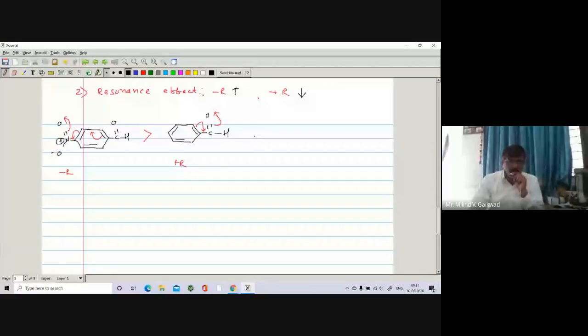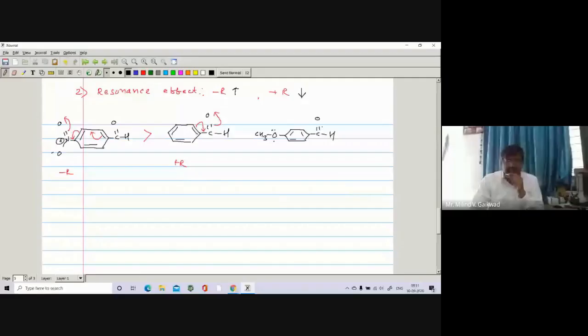Now we'll take another example. Suppose I take a group which exhibits plus R in the benzaldehyde. Suppose I write here CH3O, here is a benzene nucleus, right? Pi bond, pi bond, pi bond, and here is a C double bond O H. Now oxygen is having two bonds. Oxygen gets negative.